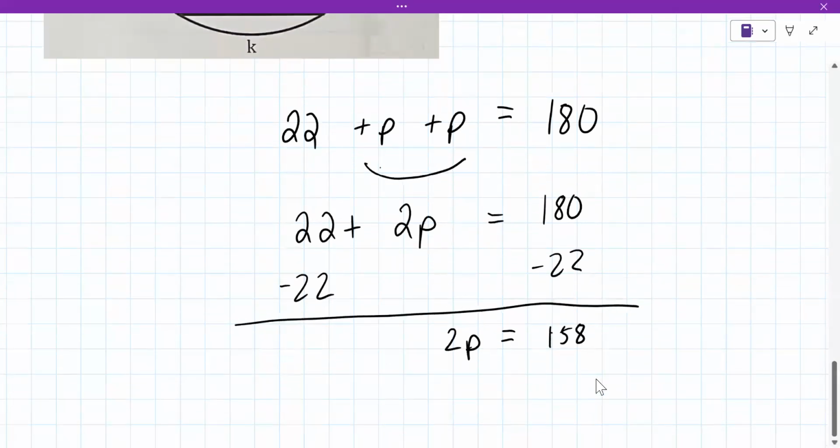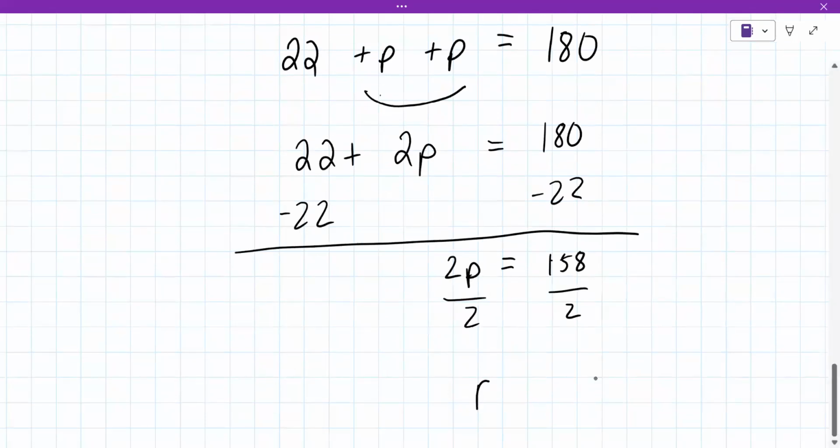So do that for me, please. What does P equal? 79. 79, good.